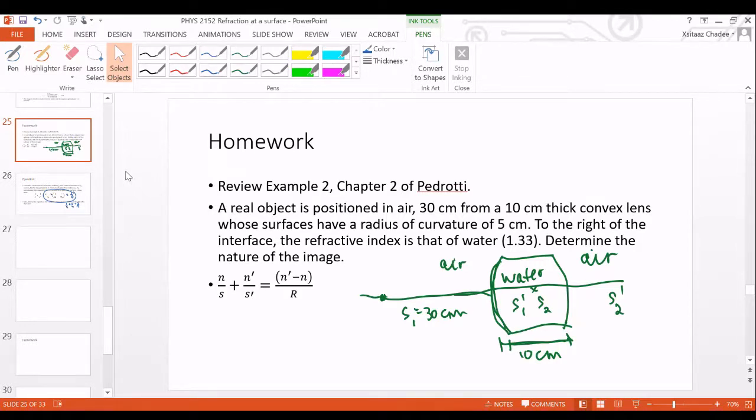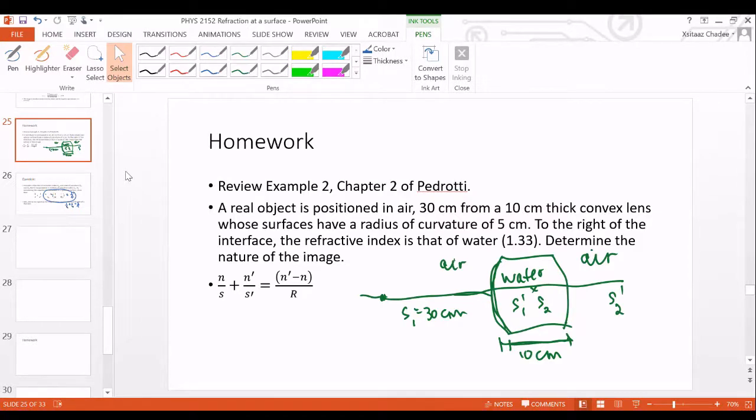What we did as an example was for one surface, and you're going to try the question for two surfaces and do the derivation again for two surfaces. This practice is important for the next part, which is on using the matrix methods to do the same analysis.